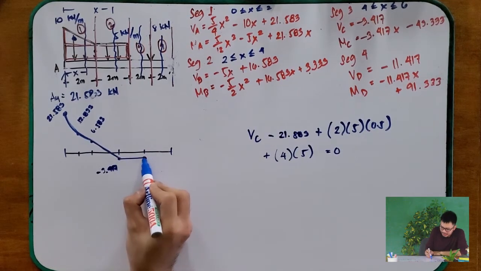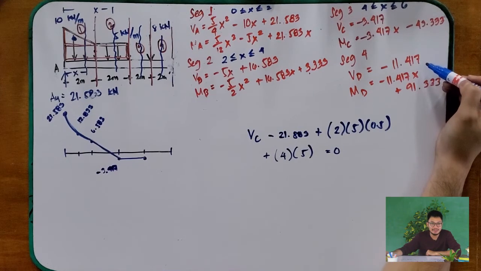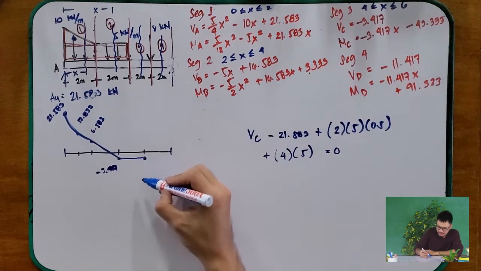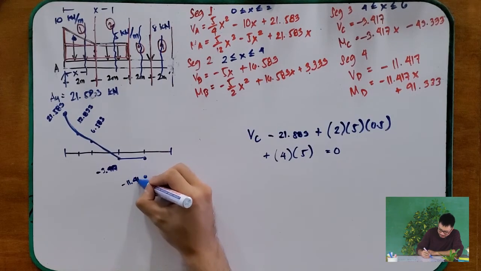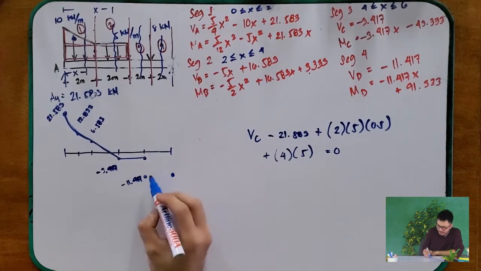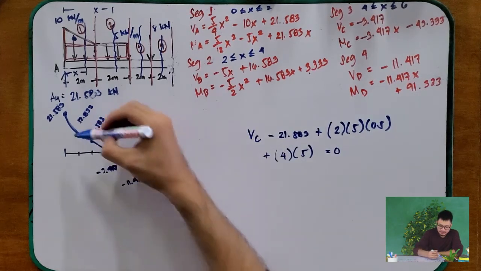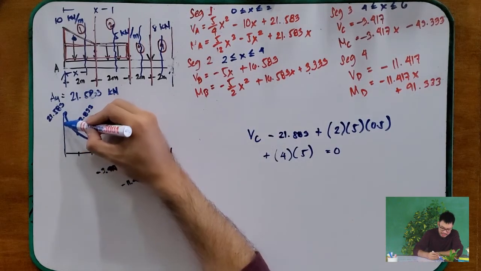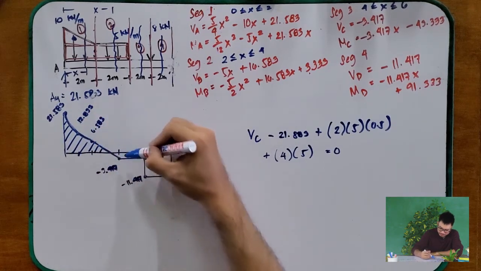That is a horizontal line. Let's proceed to segment 4. That is negative 11.417. It will start here at negative 11.417 and end here, again because this is a horizontal line, since the value is constant. So basically, this is your shear diagram for this beam.